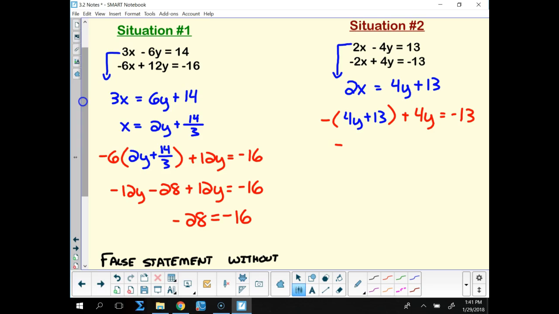That would give me negative 4y minus 13 plus 4y equals negative 13. That gives me negative 13 equals negative 13.